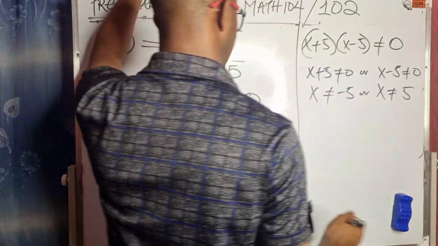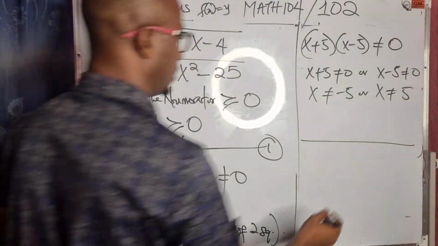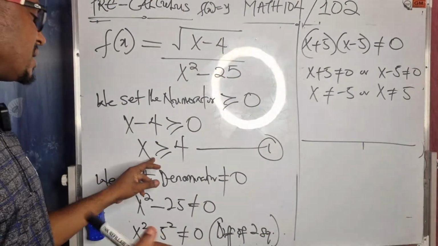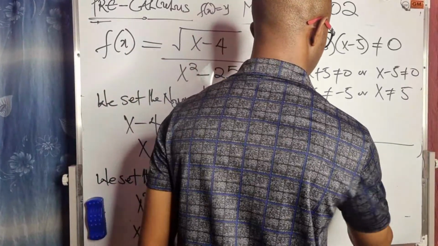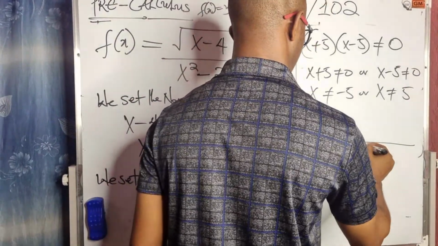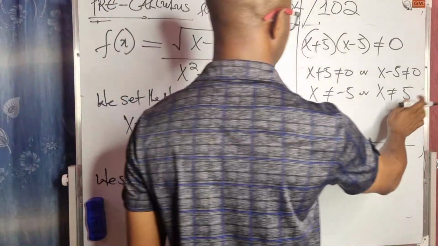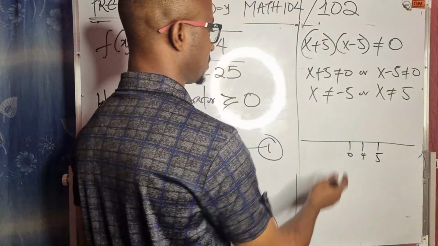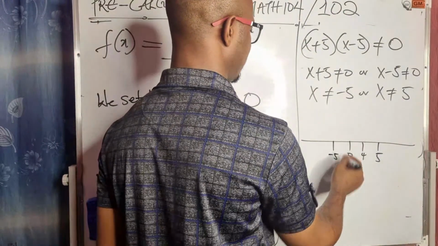But let's determine what will be the domain of this function. The first one says x is greater than or equal to 4. So let's say we have 0 here, and here we have 4. The second one says x is 5, then the third one says x is minus 5.